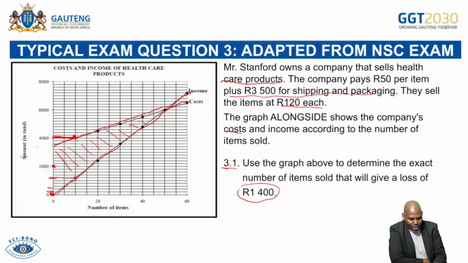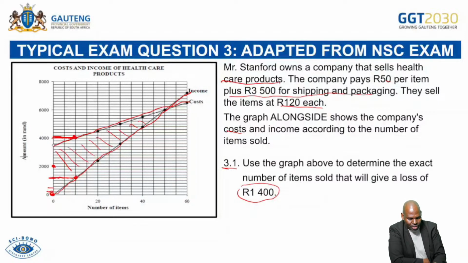I've got 1,200. So if I say 4,000 minus 1,200. Remember, I said this line here is on 1, 2, 3, 4, 5, 6. So if it's 6, it means it's 1,200, and this one is at 4,000.